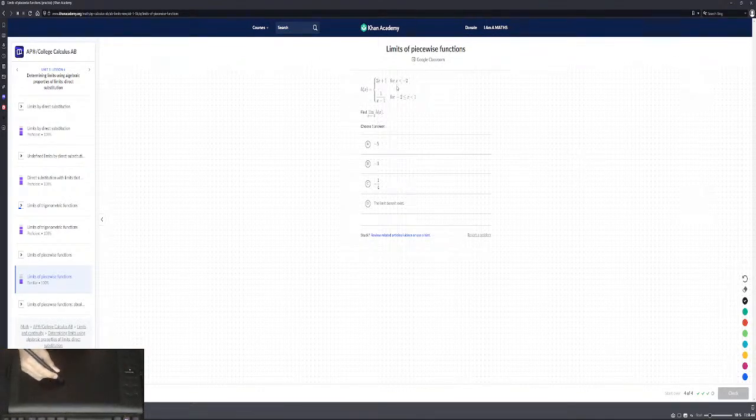X is less than -2. So this one approaches -3 from the negative direction, but it never fully approaches -3, so this one doesn't count. This one approaches -3 from the positive direction, but it never truly reaches -3.